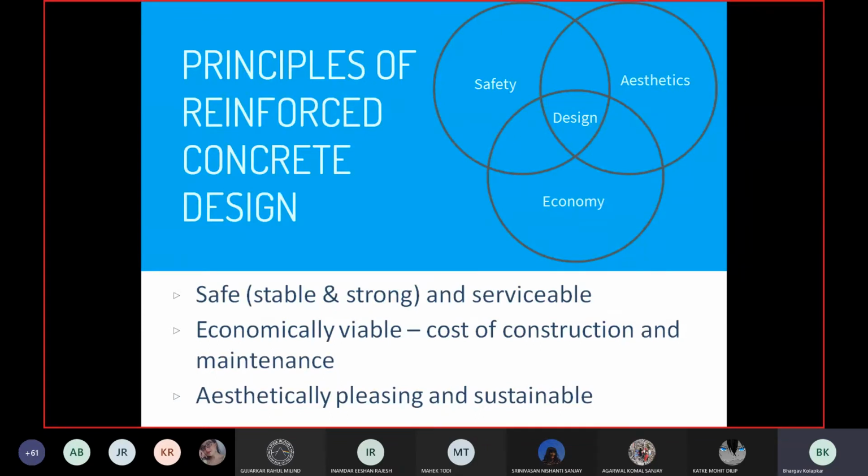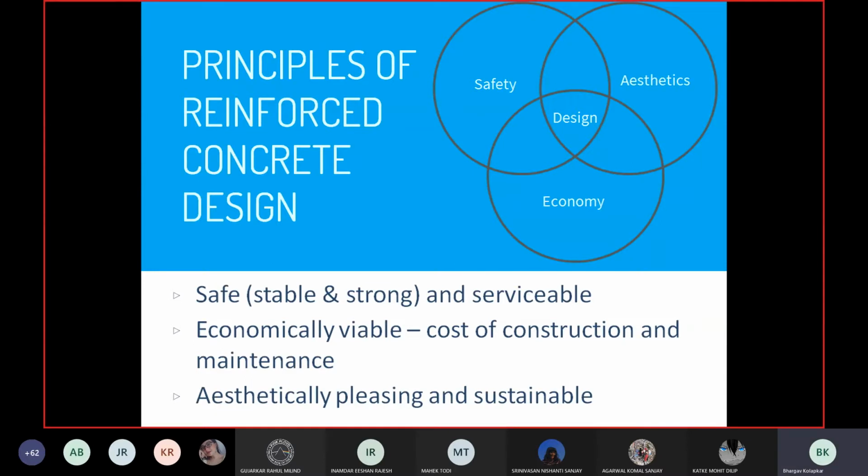So the only thing that has changed in this semester is the material. The basic principles of design consideration, design philosophy, everything remains the same. We've just replaced concrete with steel, but the principles of design still remain the same.